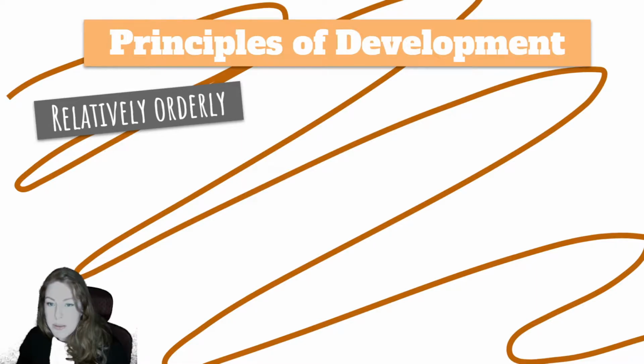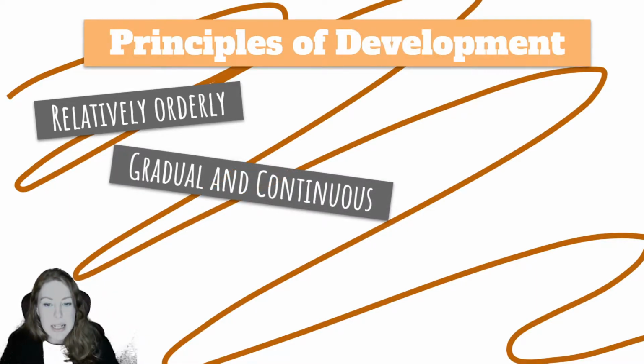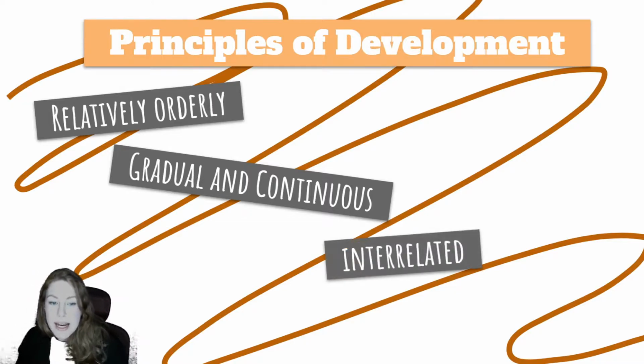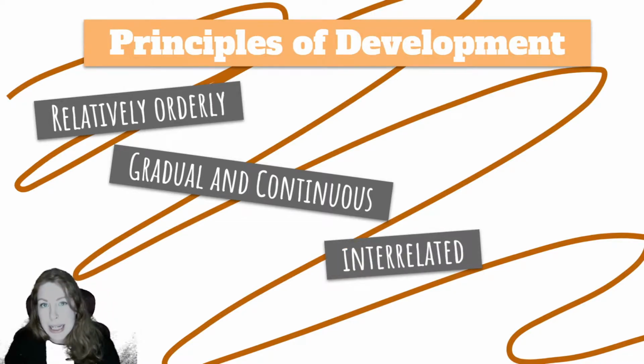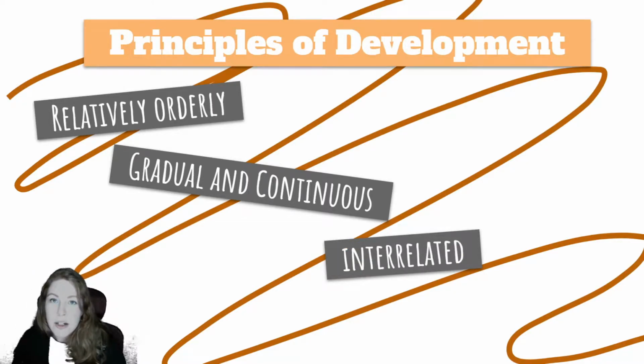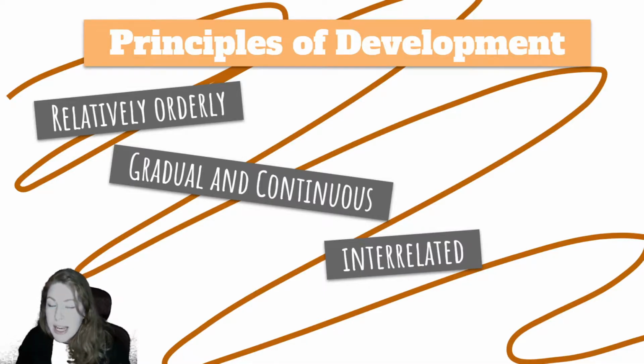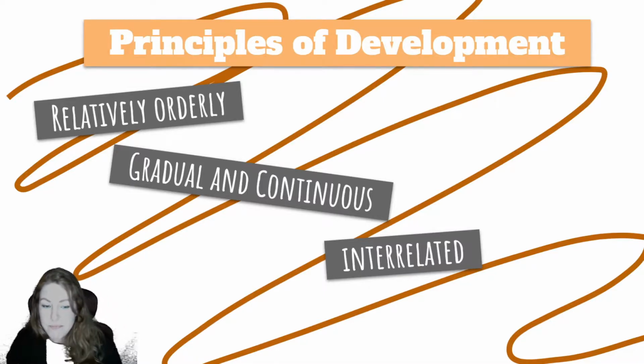The second principle is that development is gradual and continuous, that it happens over the course of your life, step by step. The third principle is that all development is interrelated. So those areas that we talked about, like physical, cognitive, and social emotional, all relate to each other and affect each other's development.